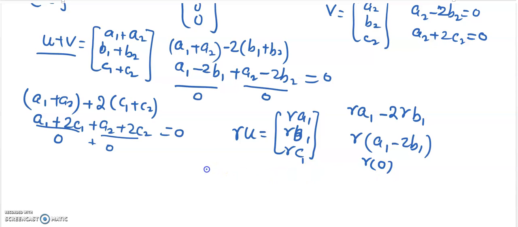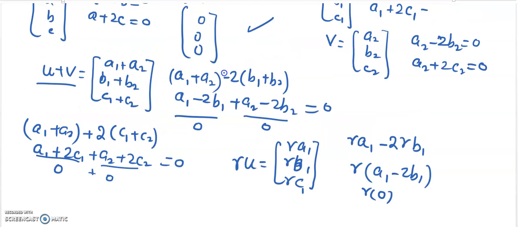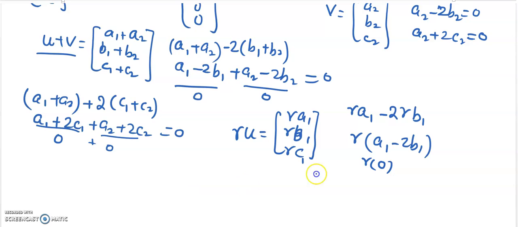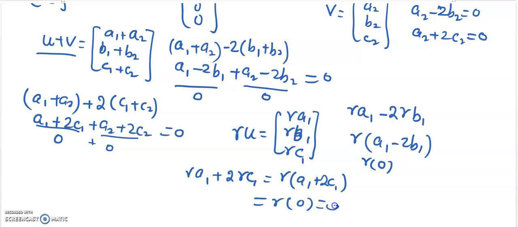Similarly, from the other equation, A plus 2C, RA1 plus 2 times RC1, we take R common: R times A1 plus 2C1, and R times 0 is equal to 0.